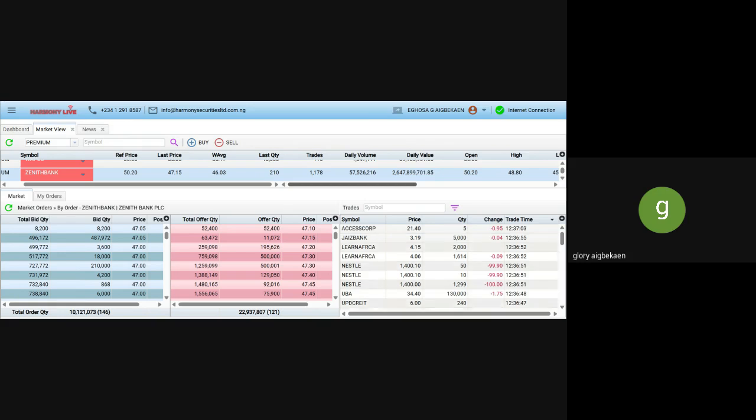Most of the banks' profits pulled back in that first quarter. They reported less compared to the first quarter of last year. The major reason is that there was no or minimal FX gain in their books.